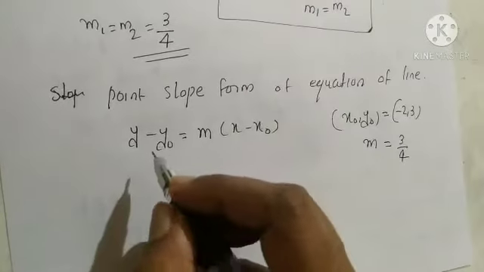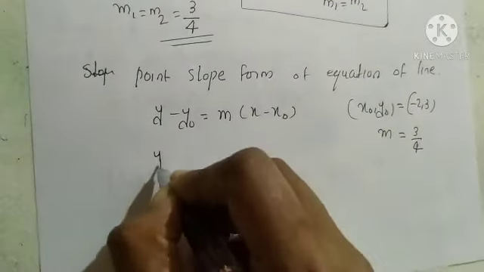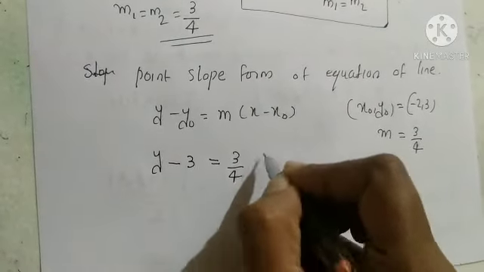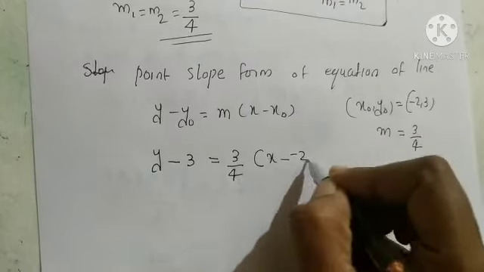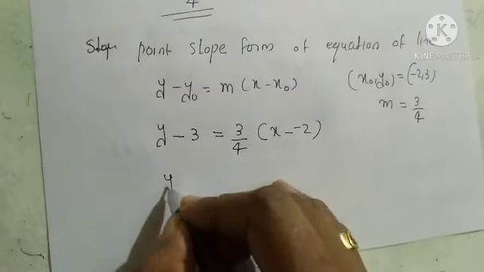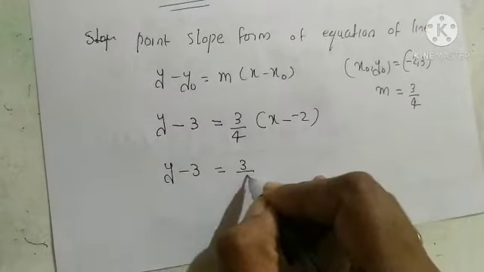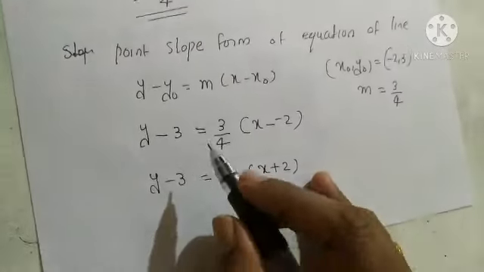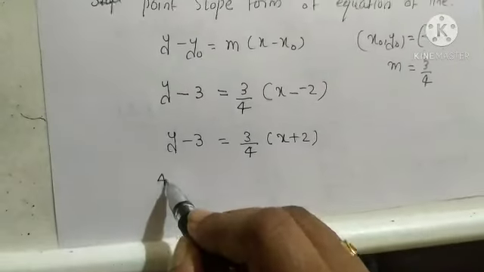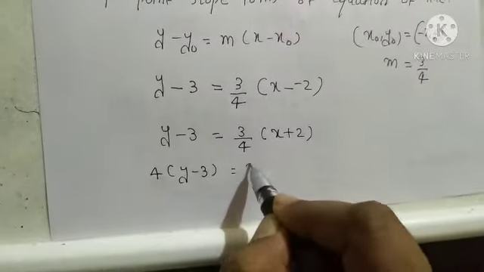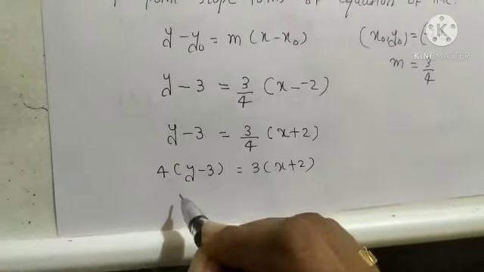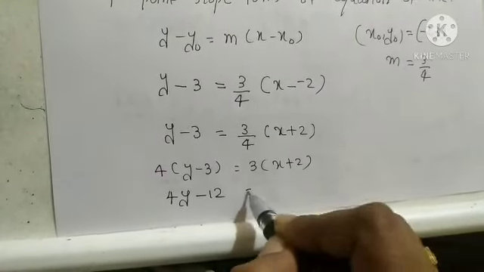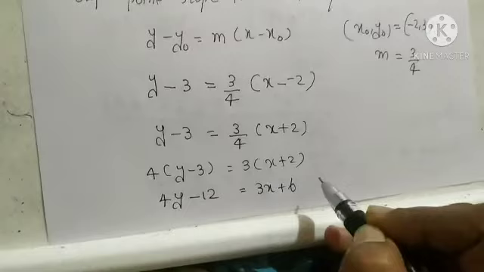So substituting these values here, we get y minus 3 equal to 3 by 4 into x minus of minus 2. So here we get y minus 3 equal to 3 by 4 into x plus 2. So taking this 4 to LHS, it will become 4 into y minus 3 equal to 3 into x plus 2. So opening this bracket, it will become 4y minus 12 equal to 3x plus 6.